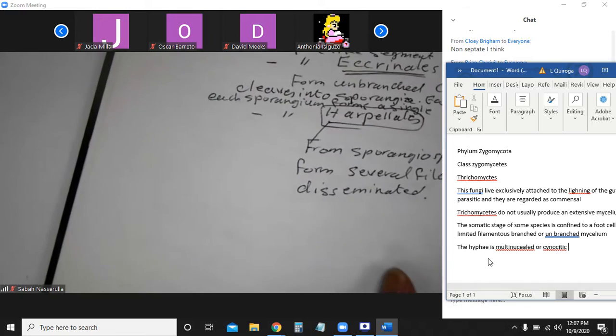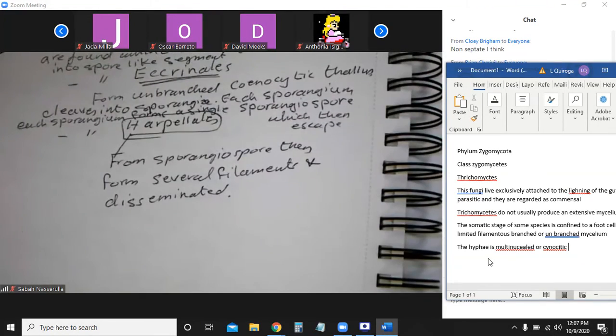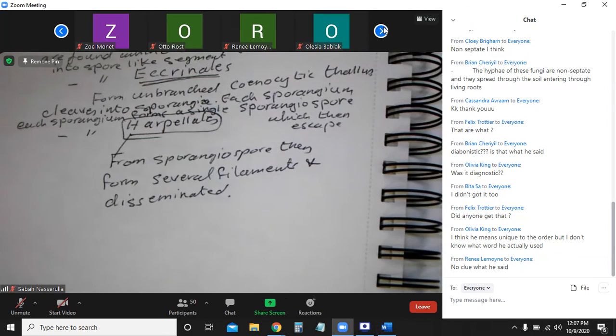Most of the time, as I told you, they live in the guts of most arthropods. So when the insect or arthropod dies or decays, then of course the spores are liberated.